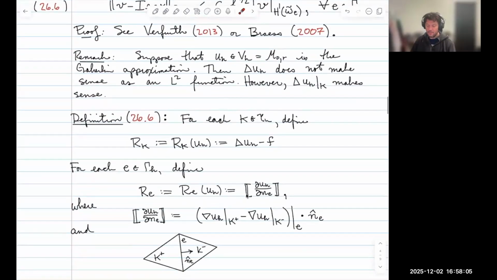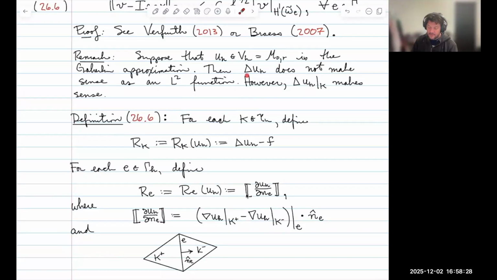Okay, so we have almost all the machinery that we need in order to figure out how to compute an error estimate which is fully computable, or at least mostly computable. Now, suppose that our u_h is in our finite element space.